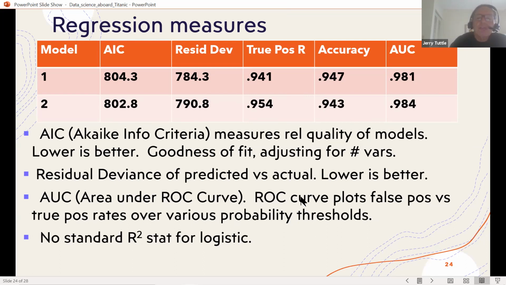If you plot the false positives versus true positives, it's called the receiver operating characteristics curve, and calculate the area under the curve, that's another measure of accuracy. These nines are very good. Also, there's no standard R-square statistic for logistic.